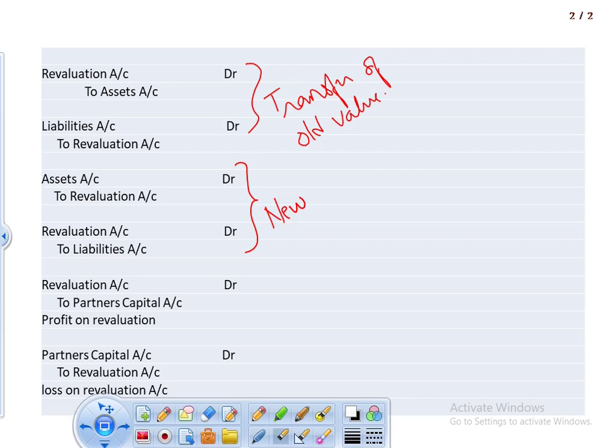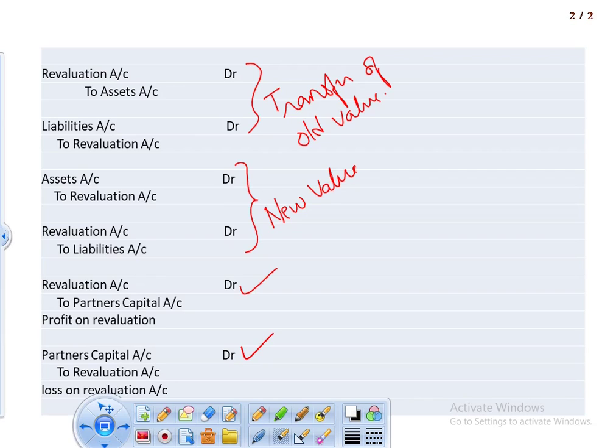When we look at the question closely, we'll see what the new value and the old value are. Depending on those values, we can find whether we made a profit or loss on revaluation. If it's a profit, then we add it to partners' capital accounts. If it's a loss, then we subtract it from partners' capital accounts.